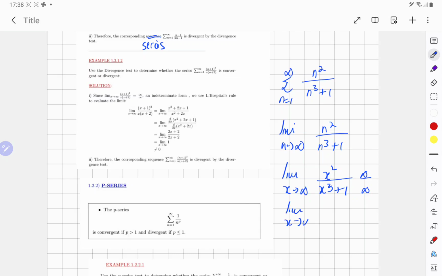So what do I get here? I'm going to derive twice rather, because when I derive the first time, I still get infinity over infinity. When I derive the second time, the first time I get for the denominator 3x squared, second time 6x. And what will this approach? As x approaches infinity, the whole fraction will approach 0.